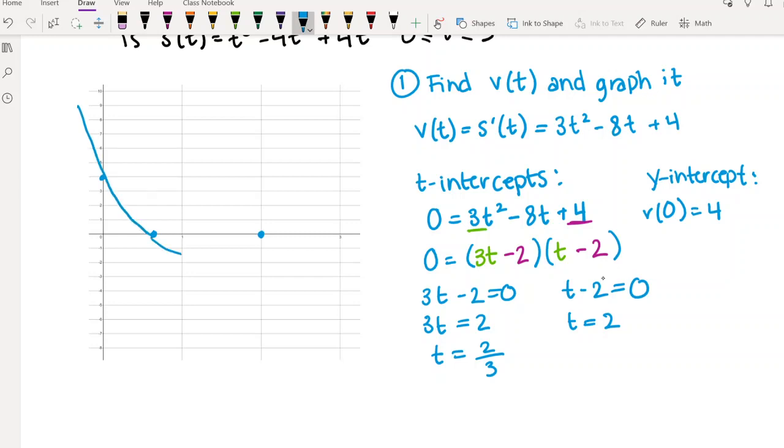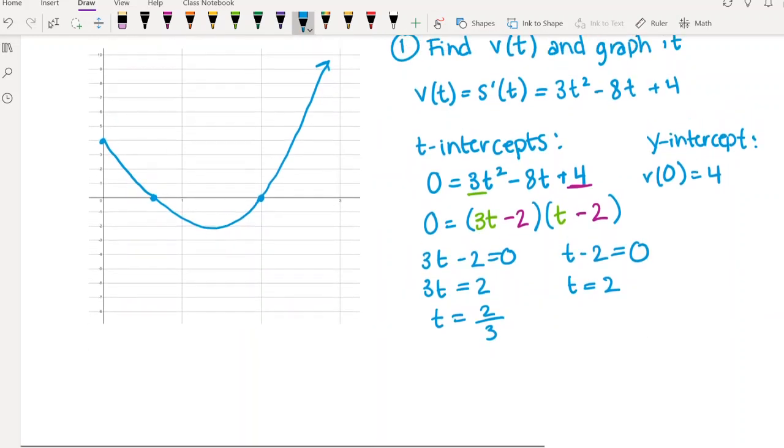If you wanted to figure out exactly where the vertex was, one way you could do it is find the point halfway between the two t-intercepts, and then just take that t coordinate and plug it in to find the y coordinate. Actually, let me erase, because we don't want the part that's before t equals 0. So something like that. Like I said, it doesn't really matter that much that we're exactly precise on this.